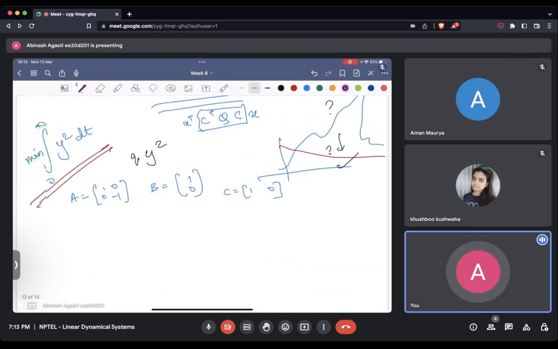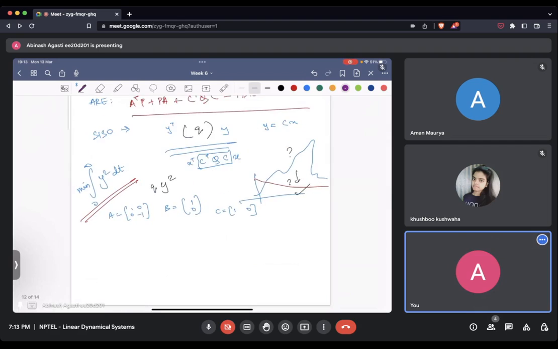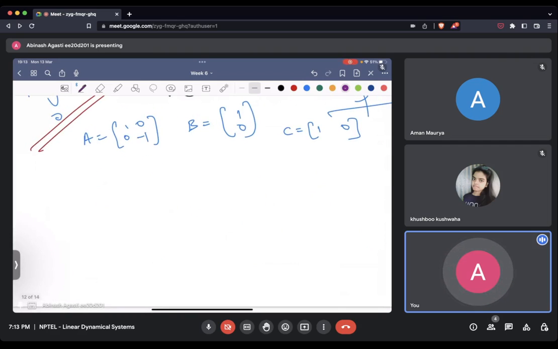So let us write the ARE and try to solve it. A transpose is nothing but the same thing.